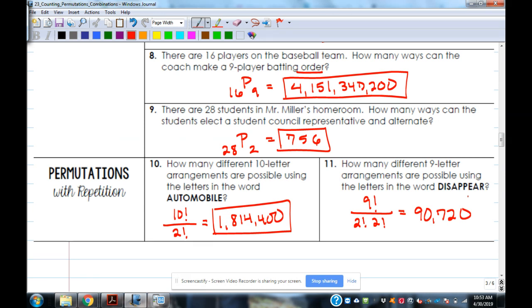Notice those problems are not asking you to arrange a smaller set from that word. They're asking you to arrange all the letters in that word out of that. That's why we're not using the NPR stuff there, because that's where that comes from.